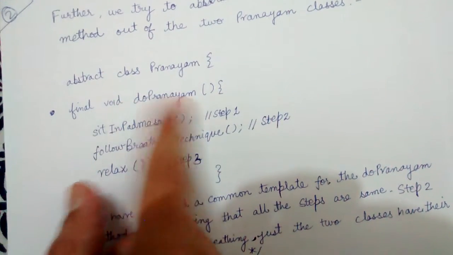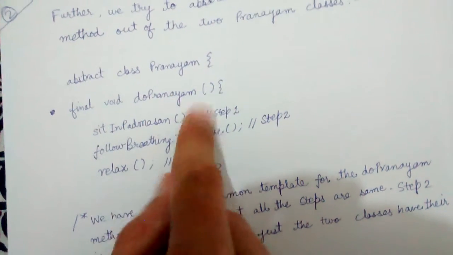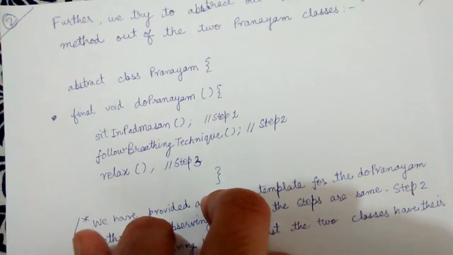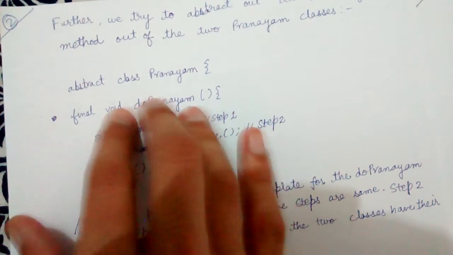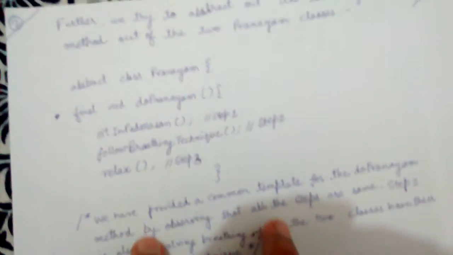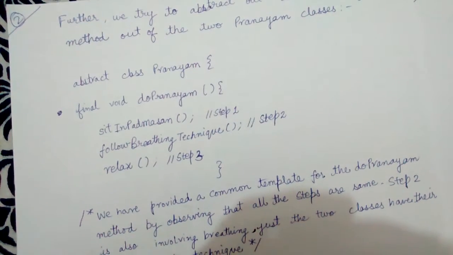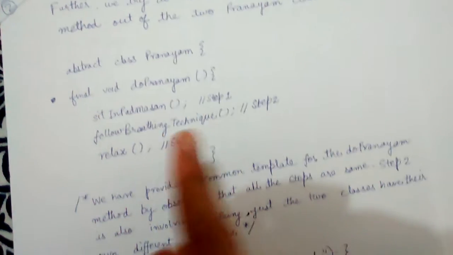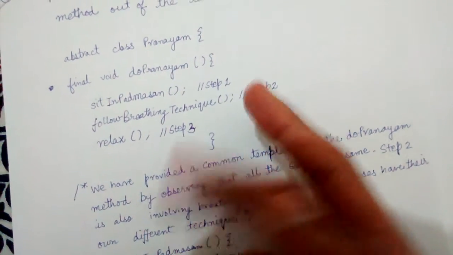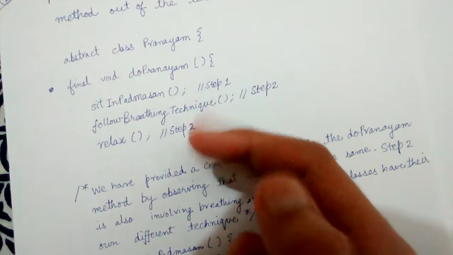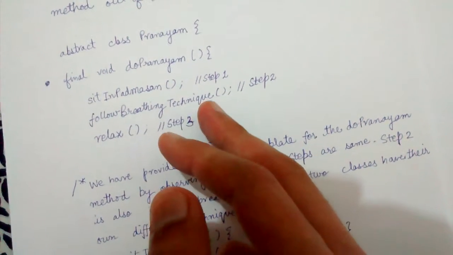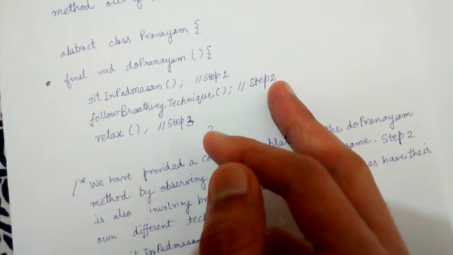It is defined here only in the pranayam class. Earlier it was declared as an abstract method here in pranayam class, and both the subclasses were providing its different implementation. But now if we closely look, step 1 and step 3 are obviously the same in both the classes, Kapalbhati and Anulom Vilom, but the only difference is step 2.